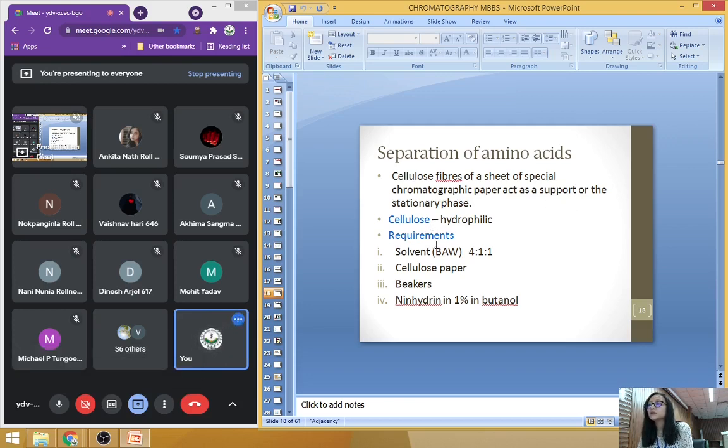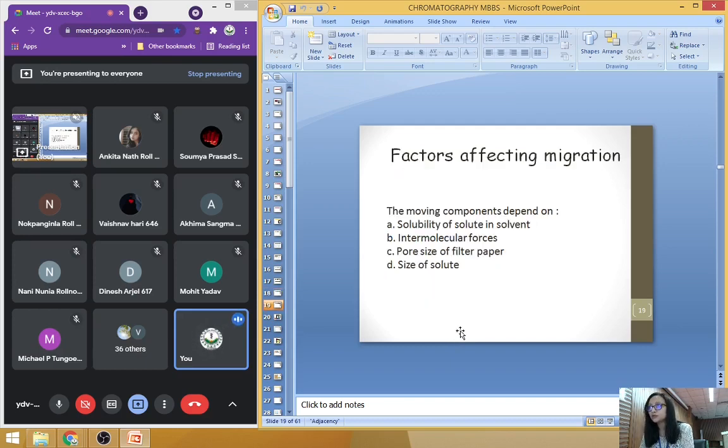Then we will require the solvent, the beakers, and the stain that we use is ninhydrin in 1% butanol. Now, what are the various factors that will affect this migration? This depends on the solubility of the solute in the solvent, the intermolecular forces, the pore sizes of the filter paper, and the size of the solute.